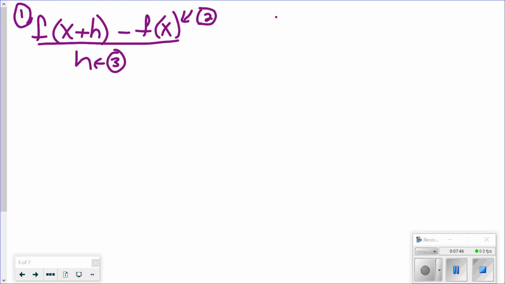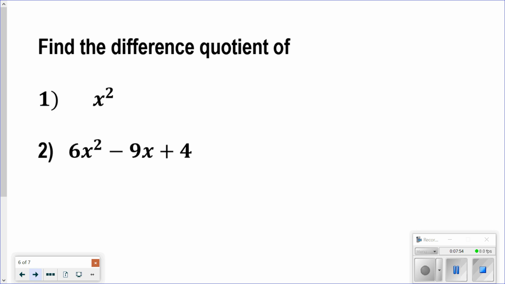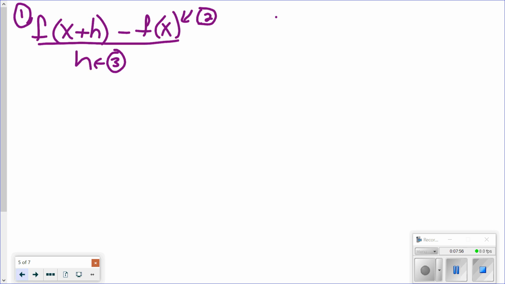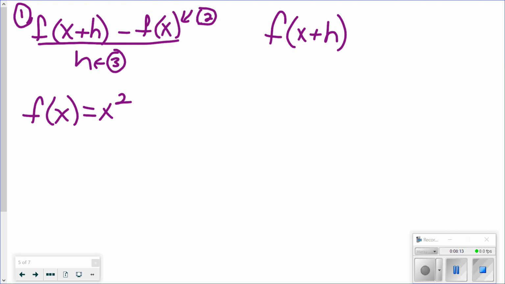Okay, so let's look at our first function, and I believe I had just an x squared. I'm going to do it over here so I have more room to write. So our first function is f of x equals x squared. I need 3 things to put in my roadmap: an f of x plus h, I need f of x, and I need h.